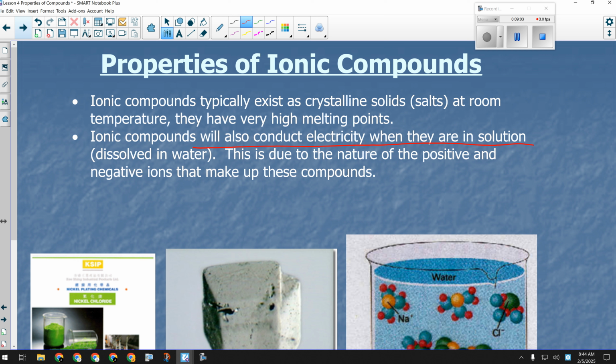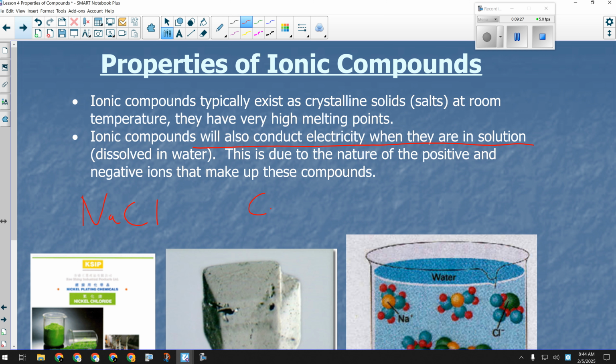I'll tell you where that could be helpful. One of the unknowns is sugar. One of the unknowns is salt. Do they look a lot alike? Do they both dissolve pretty easily in water? But salt is ionic.